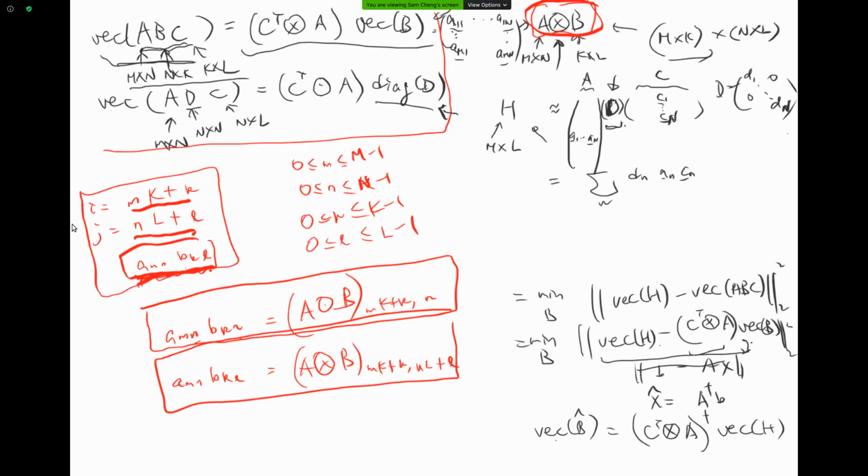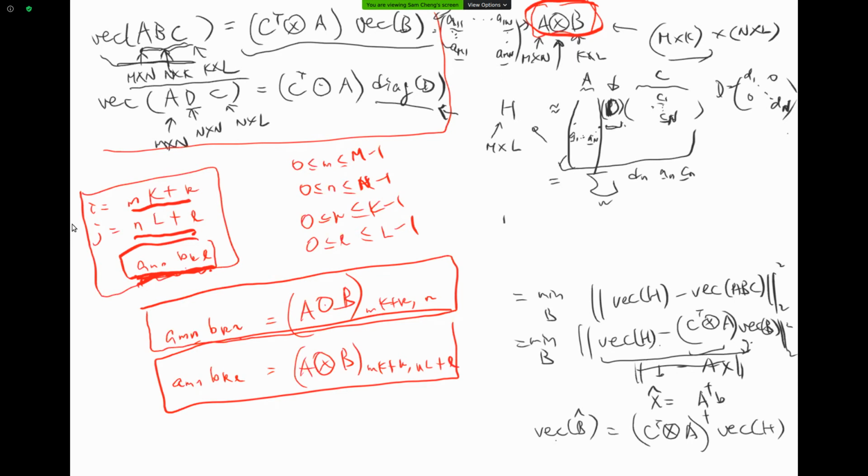Note the difference from the previous setup: previously I had intermixing of columns of A with different rows of C, and here only the ith column of A is mixed with the ith row of C. With this one, if we try to solve it, it's essentially the same thing as before.